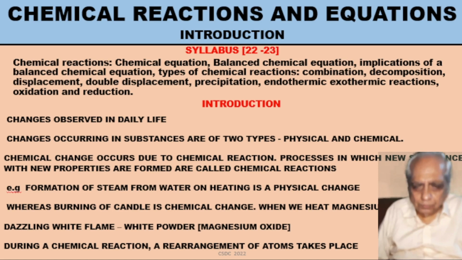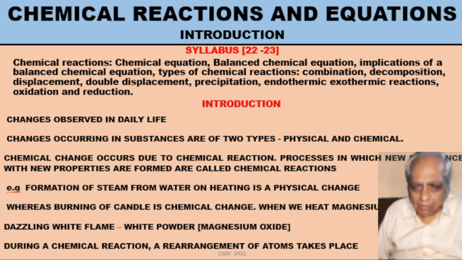Milk becoming sour is a chemical change because, due to oxidation, meaning reaction with oxygen from the atmosphere, it gets converted to lactic acid, and with this acid you feel that the milk has become sour.